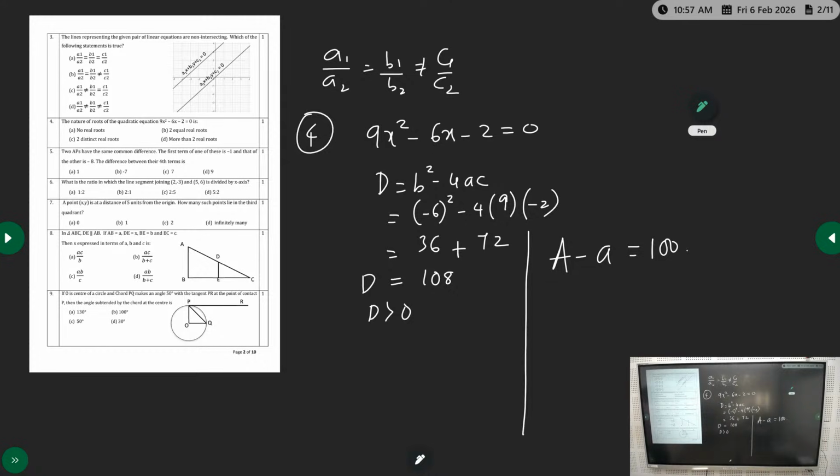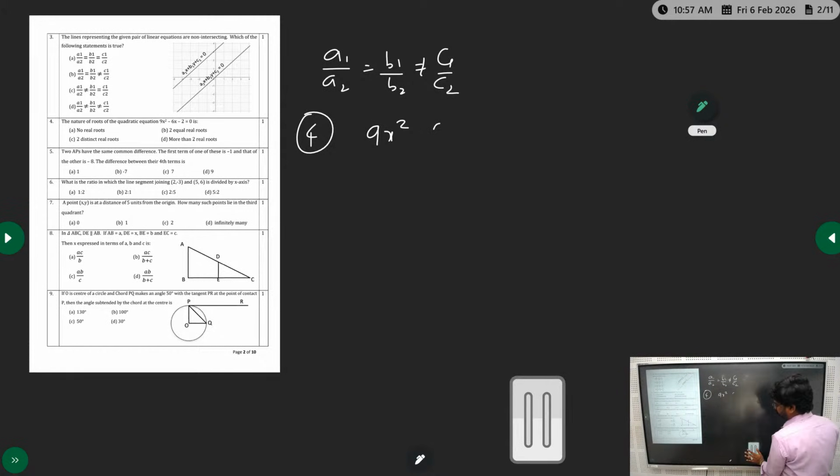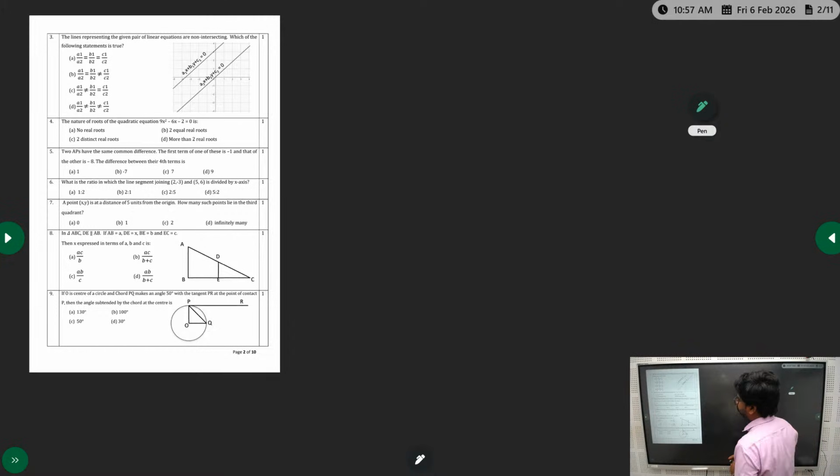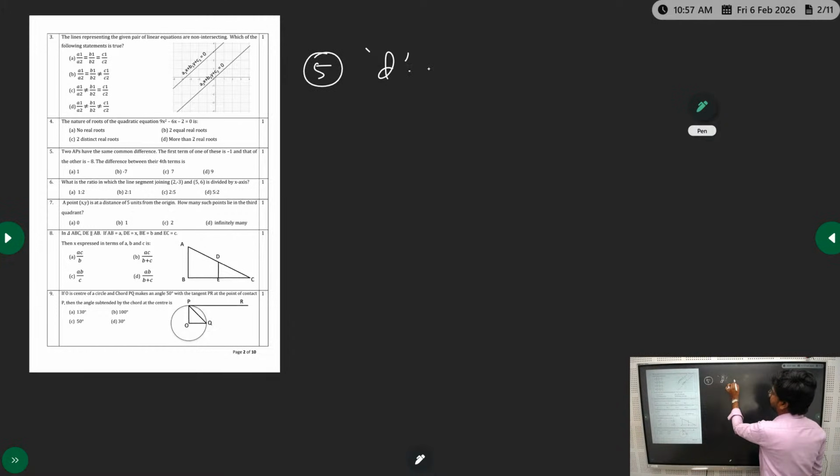Two APs have the same common difference. It is, I think, an exercise 5.2 question, the difference of two APs. Question number 12. Fifth question: common difference is the same.